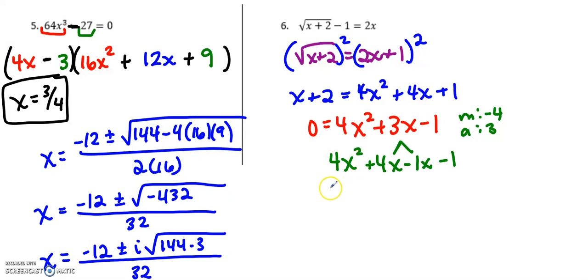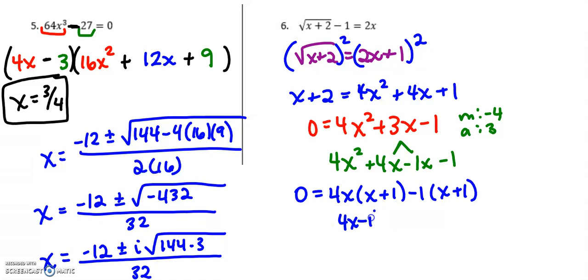Factoring by grouping, I'm going to take out a 4x, and I'll be left with x plus 1. I'm going to take out a negative 1, and I'll be left with x plus 1 to make my grouping all work out. So I get 4x minus 1 and x plus 1, which means that x equals 1/4 and x equals negative 1. But then you got to go back and check.